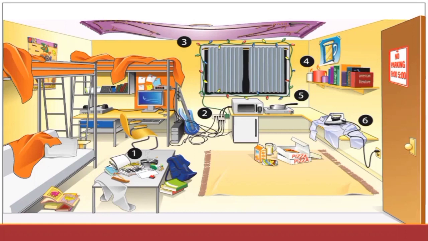Another is overloading electrical outlets. Can you see it? Yes. And then we have the carpets, or perhaps the curtain on top of the light.